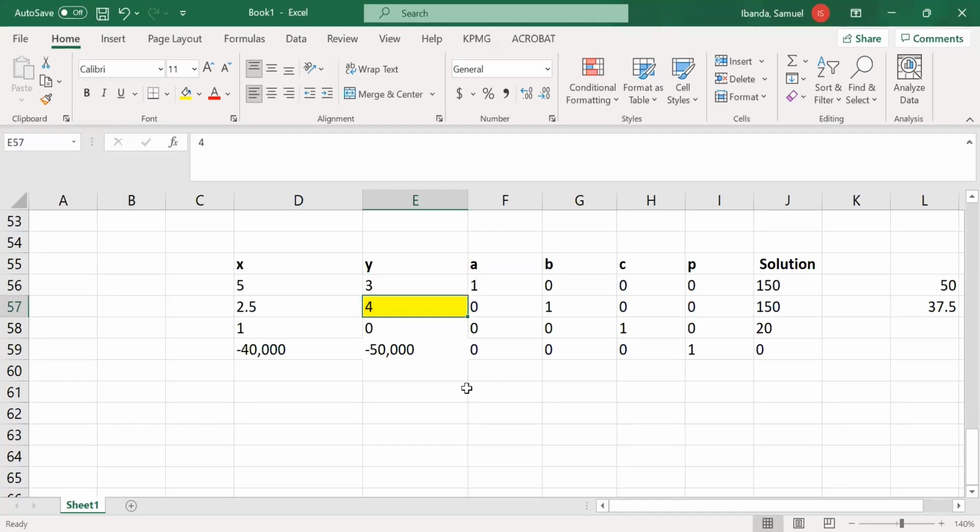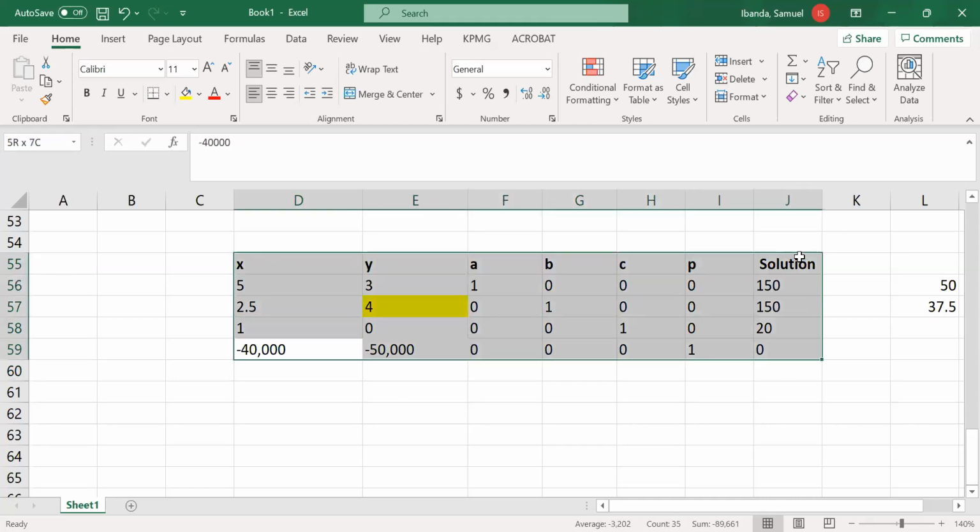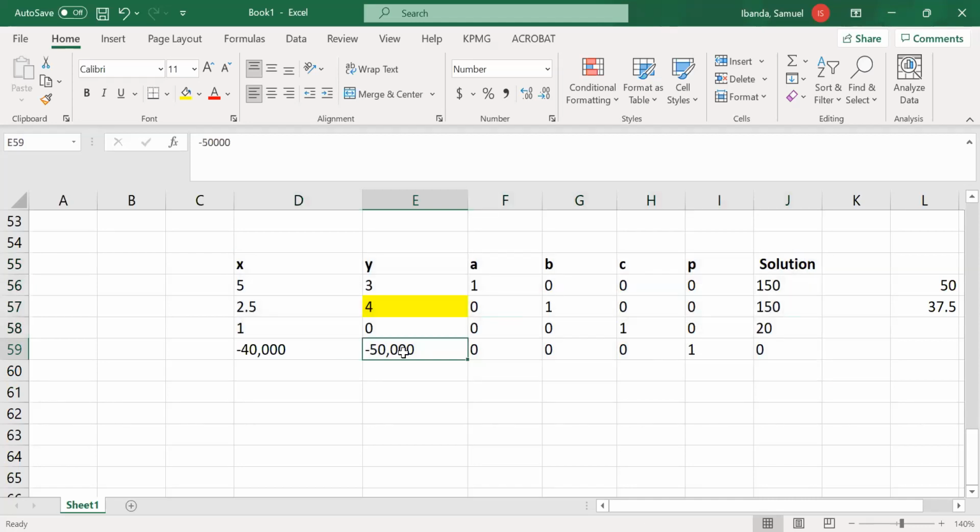I repeat, once you have your first W, the next thing you have to look at is the higher negative, which is negative 50,000. After getting the higher negative, that gives you the column; get the solutions on this side and divide by each respectively. 150 divided by 3, you get 50. 150 divided by 4 gives you 37.5. 20 divided by 0 gives you infinity.